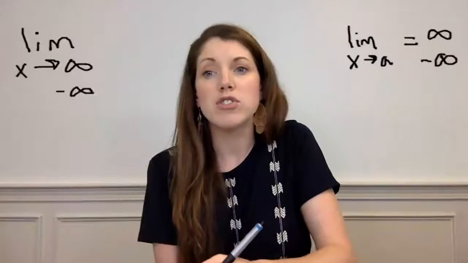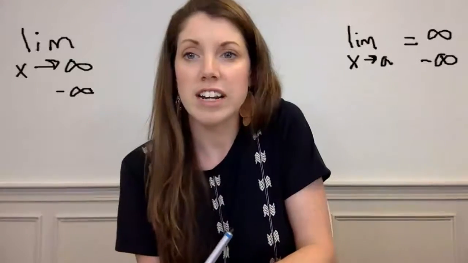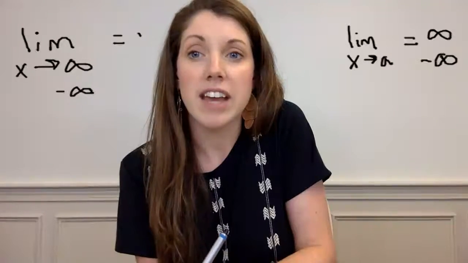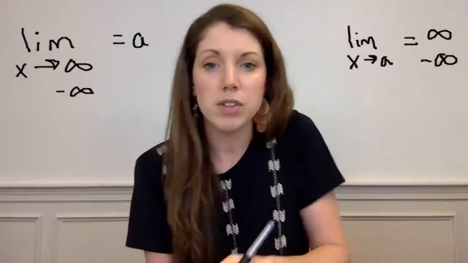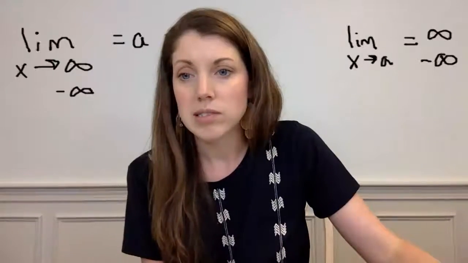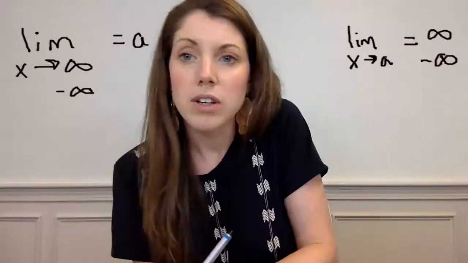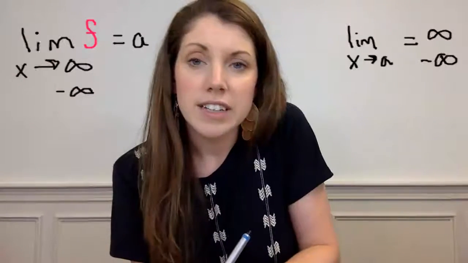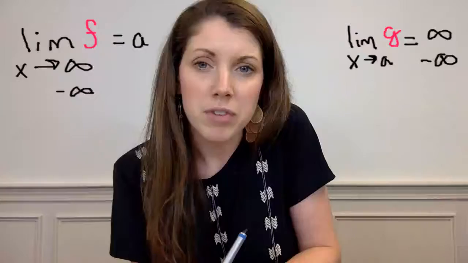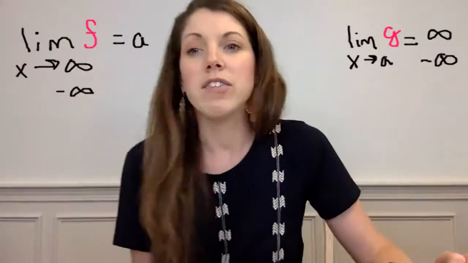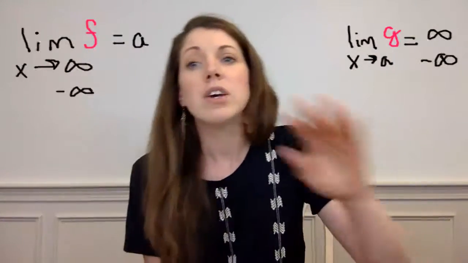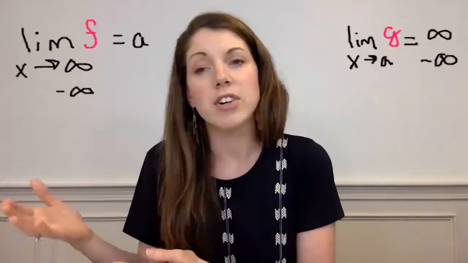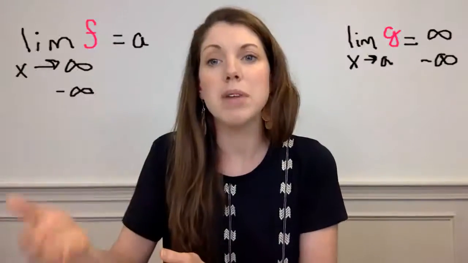So those are the two types of limits. Let's call this the limit for f, and this the limit for g, just so that we can have a function there. Okay, so limits where we're approaching either positive or negative infinity, and we get a numeric answer.